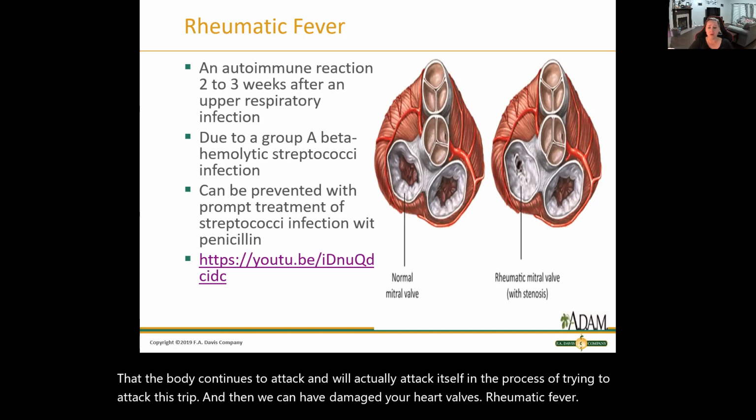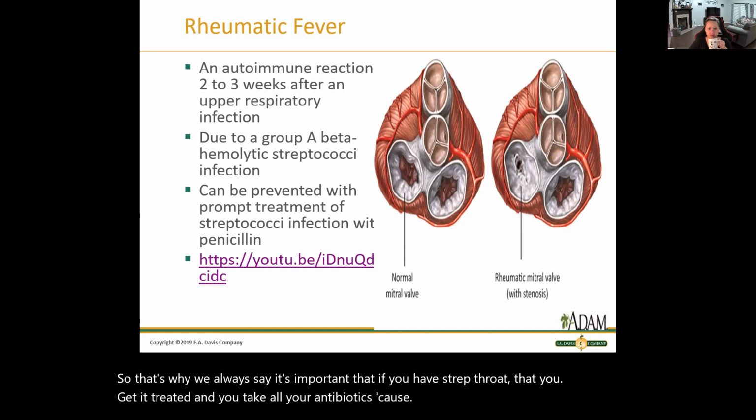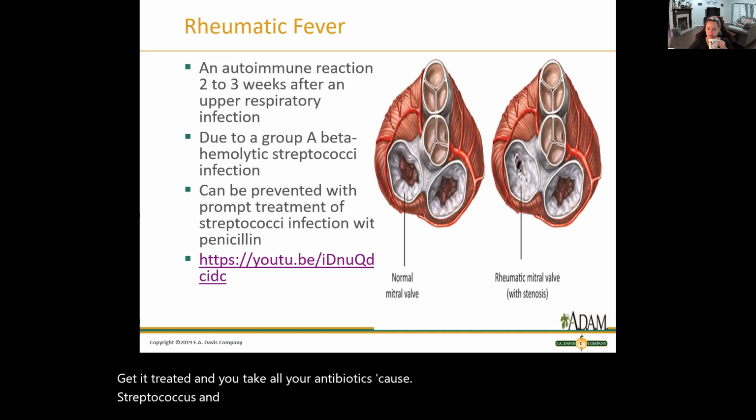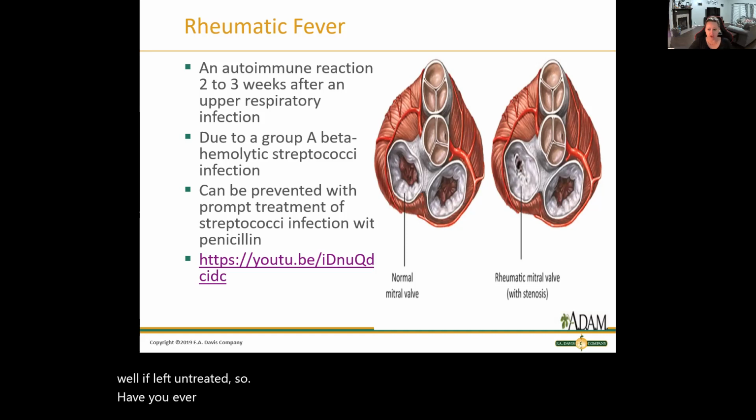So that's why we always say it's important that, if you have strep throat, that you get it treated and you take all your antibiotics, because Streptococcus in general can cause a lot of problems. It can cause some kidney problems as well if left untreated. So if you ever know anybody who has strep, they definitely need to take the full course of antibiotics, or they need to get treated for it.